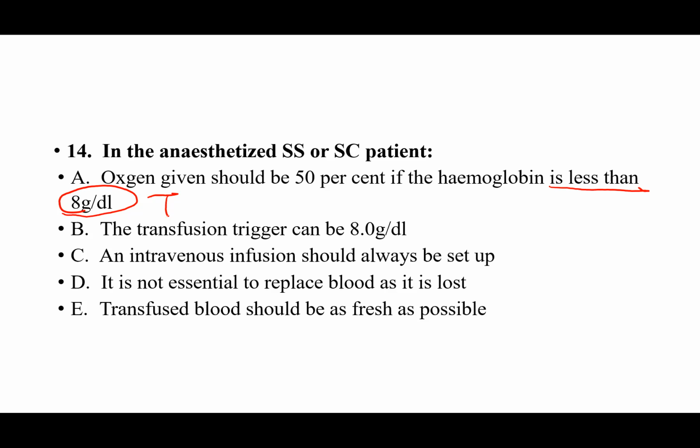Usually it depends on the steady state hemoglobin of the patient, but I can go for true with this one. What is a transfusion trigger? The hemoglobin level at which you must transfuse before surgery. Must it be surgery? No, it is the level at which you must transfuse the patient to maintain adequate tissue perfusion.